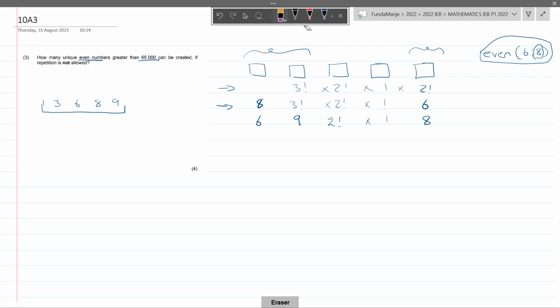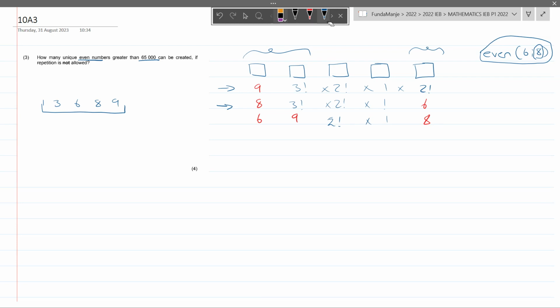These numbers, we won't be multiplying them. 9, 8, 6, and let me just make them a different color. The operations we'll be doing are on the blue numbers. So these ones are preset. They're basically saying that this position can only have one number, which doesn't give us a variety, so we don't need to multiply by anything besides 1, which is redundant.